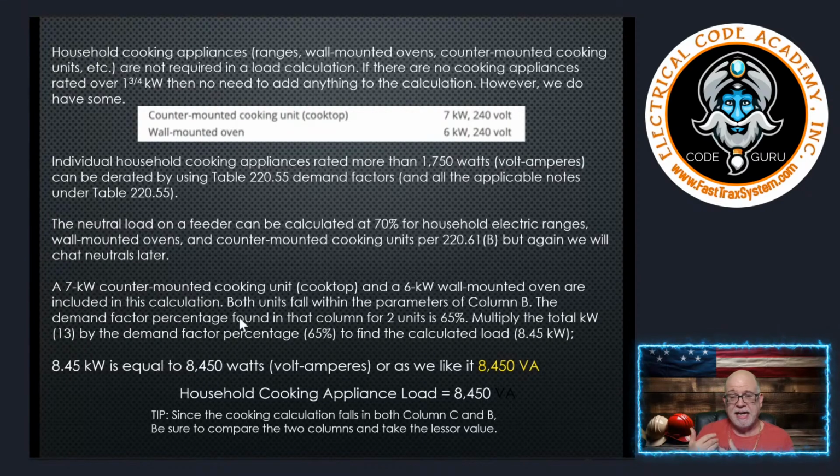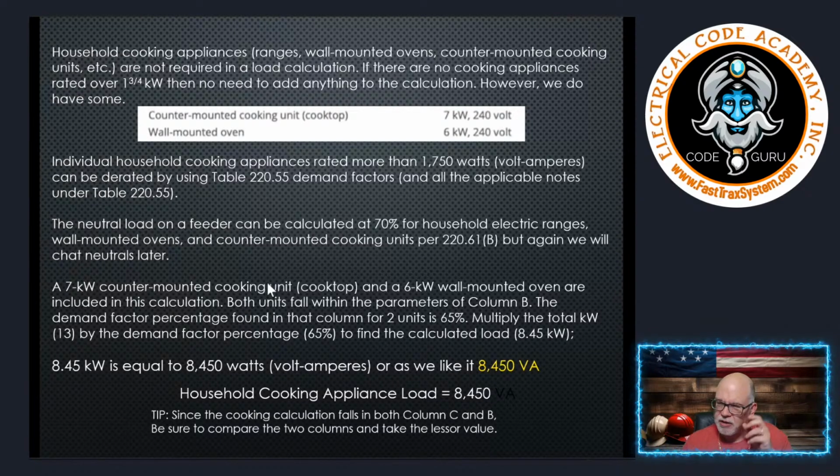I break down not only the branch circuit application for ranges, but in the first part, I actually break down the loading and how to deal with ranges of different sizes, how to use the different columns, column A, column B, column C in 220.55. It's a great detailed video, so I encourage you to go watch that over on fasttrackstube.com. If you haven't watched it yet, it's a must watch.